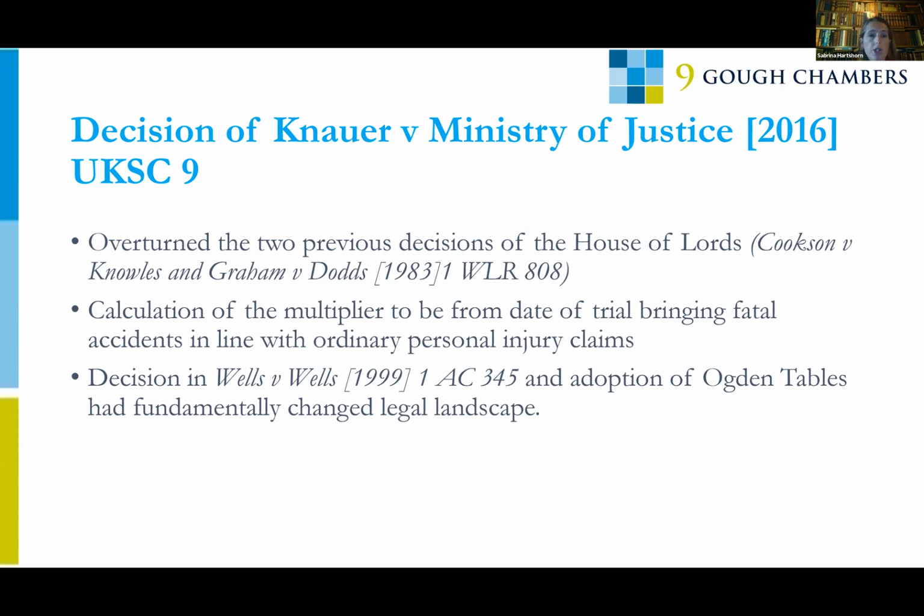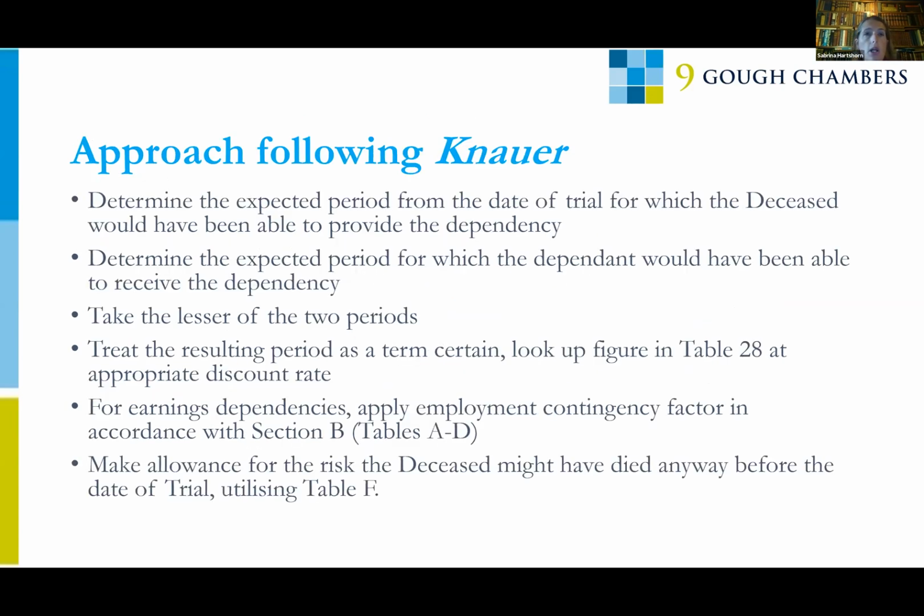So what were we doing before Ogden 8? Well, this was the approach that was recommended in Ogden 7 for post-trial dependency. You would determine the expected period from the date of trial for which the deceased would have been able to provide the dependency.